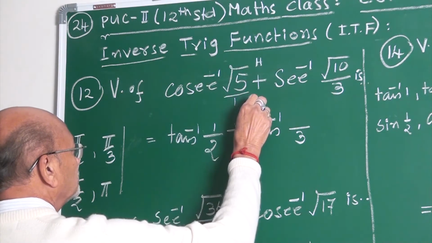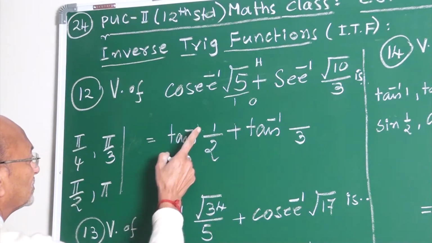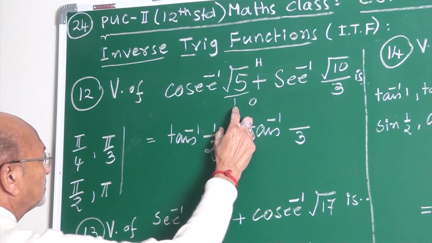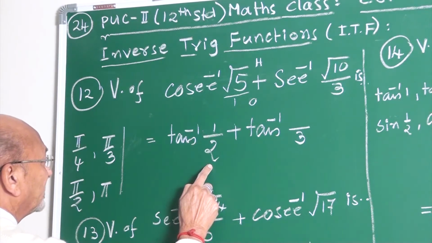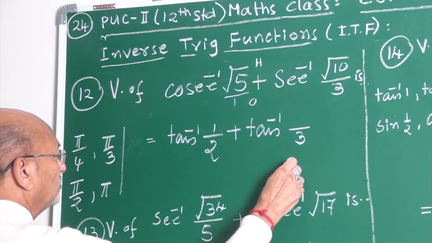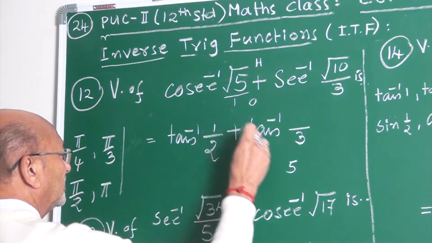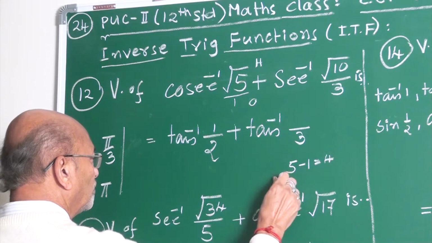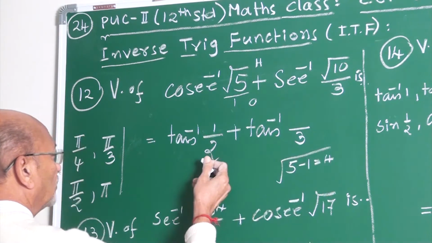What is this? Opposite side. Tan inverse is opposite side upon adjacent side. How to get it? Square root of 5 squared minus square of the denominator. What is it? 4. What is the square root of 4? Square root of 4 is 2, my friend.